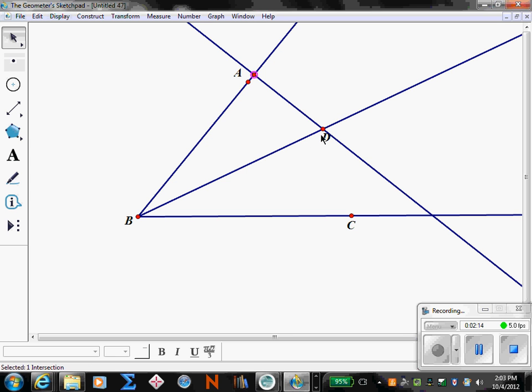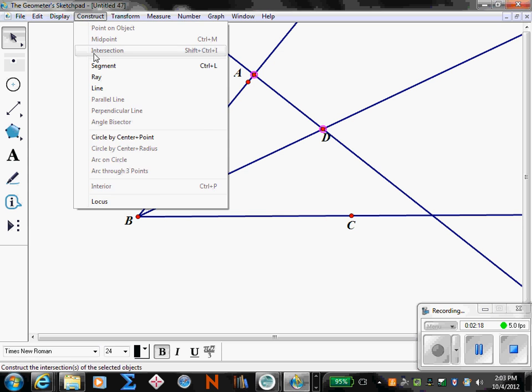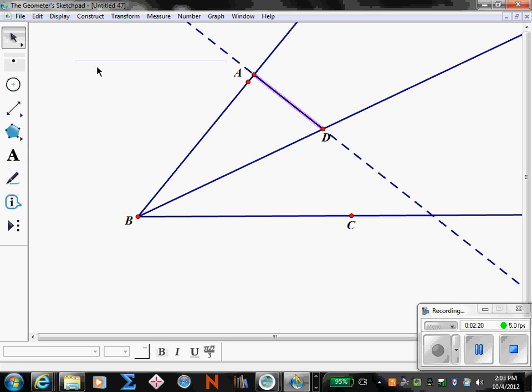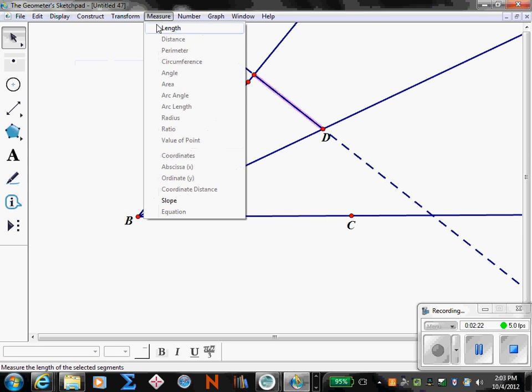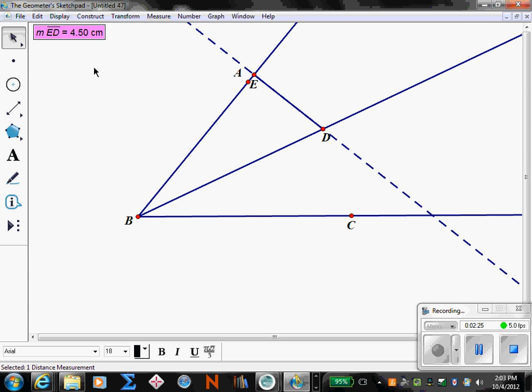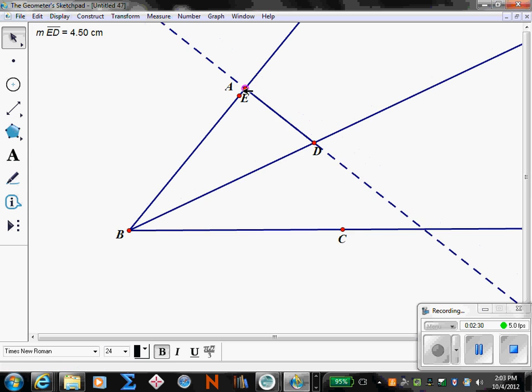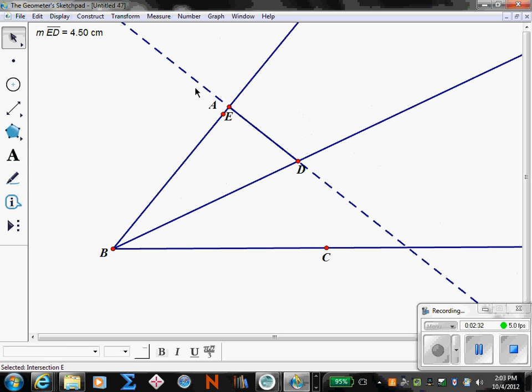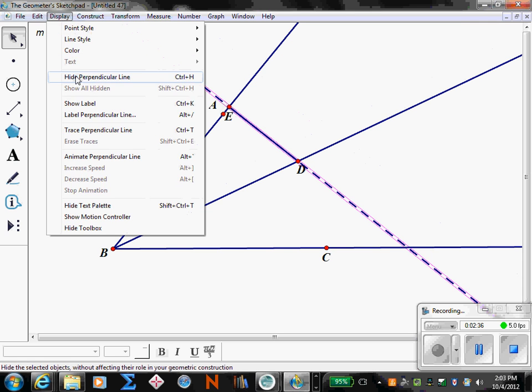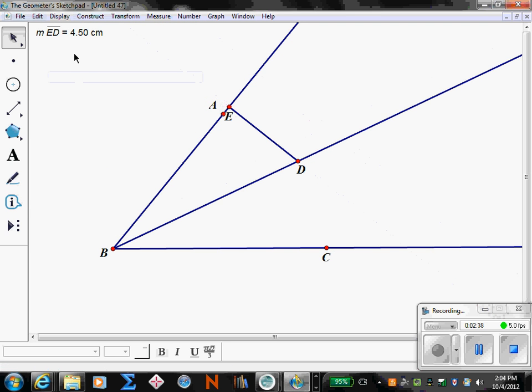I am going to construct that as a segment because I don't want that whole line showing up, and I'm also going to measure its length. So I've measured the length of ED, knowing that this is perpendicular. Okay, I'm going to hide this line, so all I can see is that segment and its length.